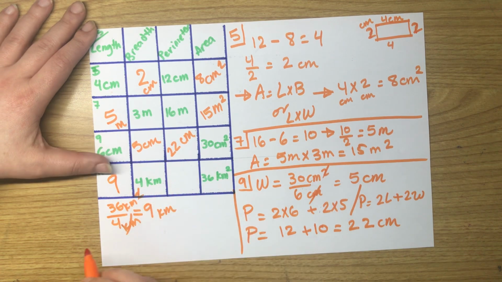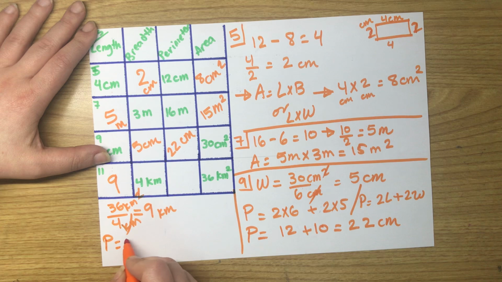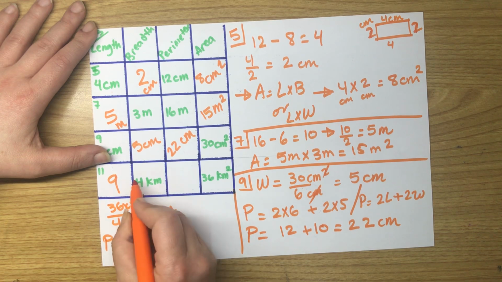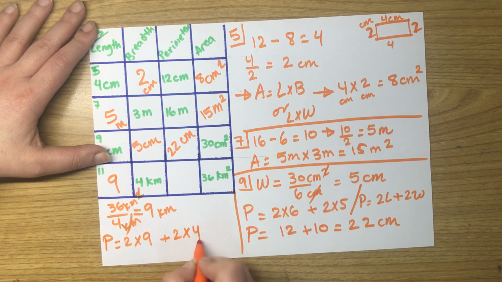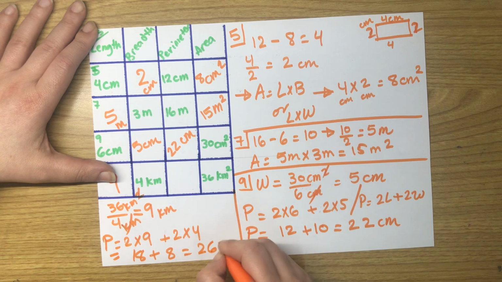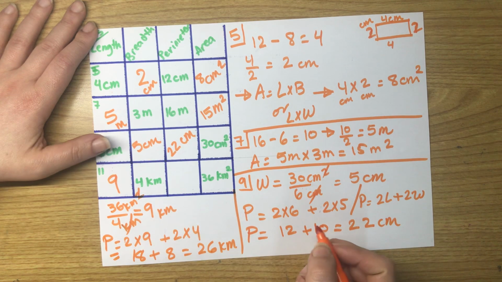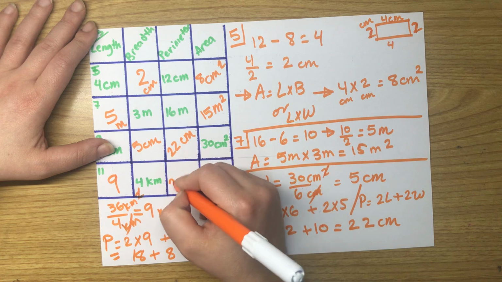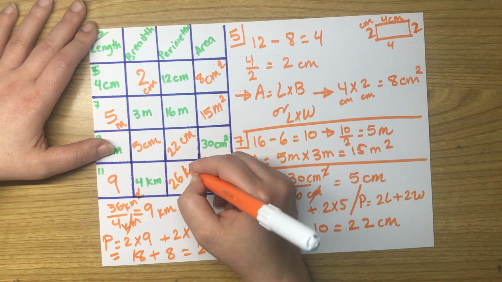Okay. The perimeter is going to be 2 L's. So 2 times 9 plus 2 times 4, which equals 18 plus 8, which equals 26 kilometers. Not squared, because we are talking about a length.